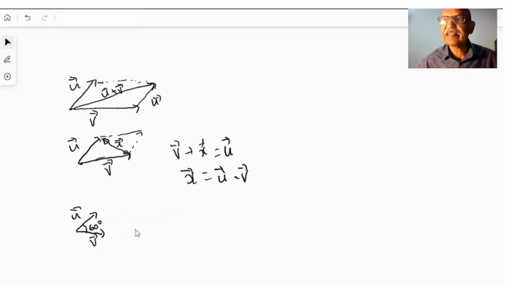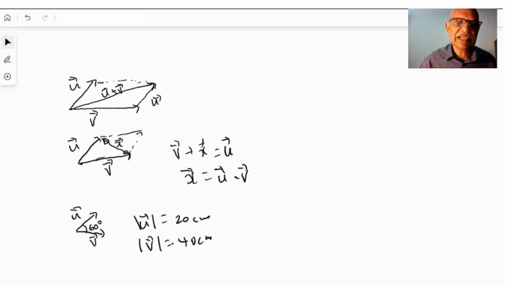Okay, let's say the magnitude of u is 20, let's say centimeters. The magnitude of v is 40 centimeters. When we draw the vectors, they need not be exact, but at least to scale, this should look like double this in length.